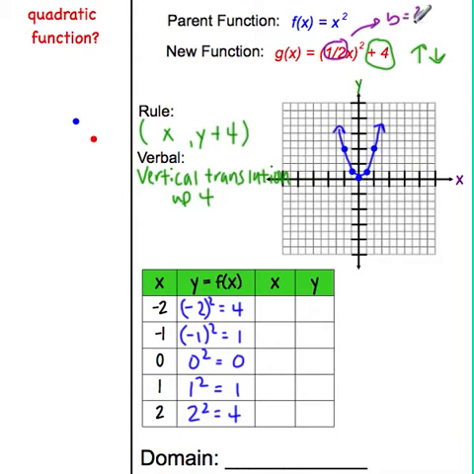And so we know that it's 1 over b, so it's 1 over 1/2, which means that our b is 2. And so that tells us that our factor is 2. 2 is greater than 1, which means we know that it's a horizontal stretch.